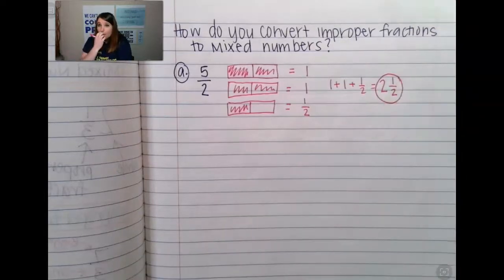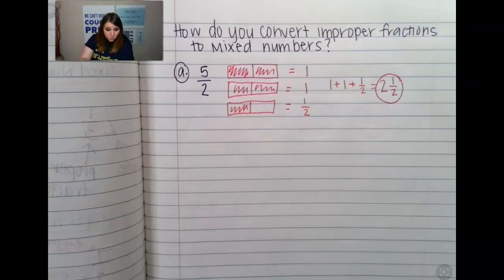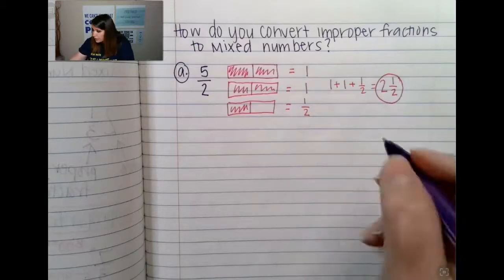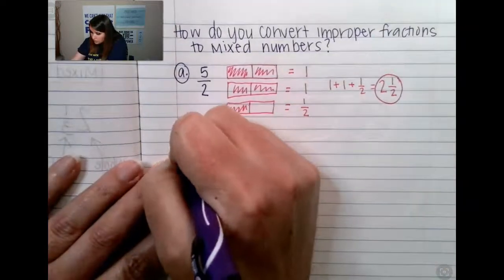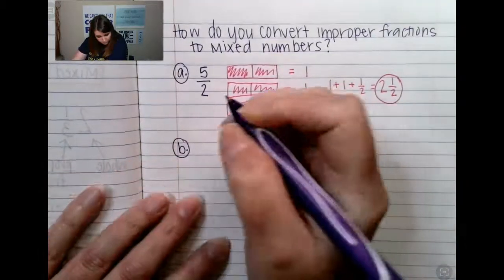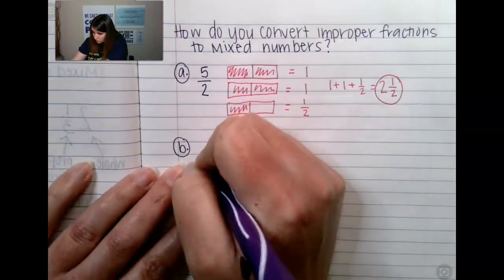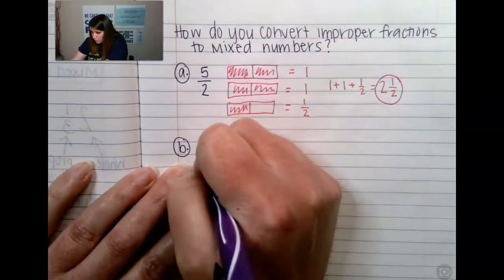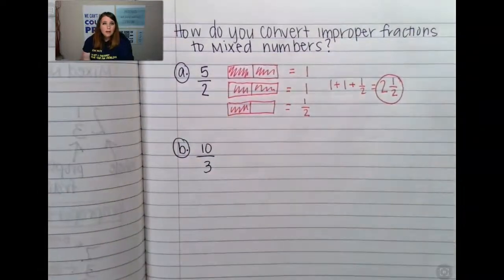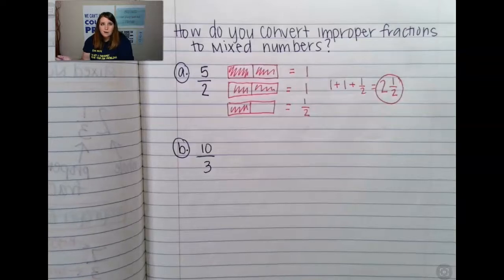Okay, but what happens when you're given something that is kind of a weird number and you don't really want to do all that drawing? Like, let's say that I'm given a number like this example, 10 over 3. Well, I don't really feel like coloring all of that.